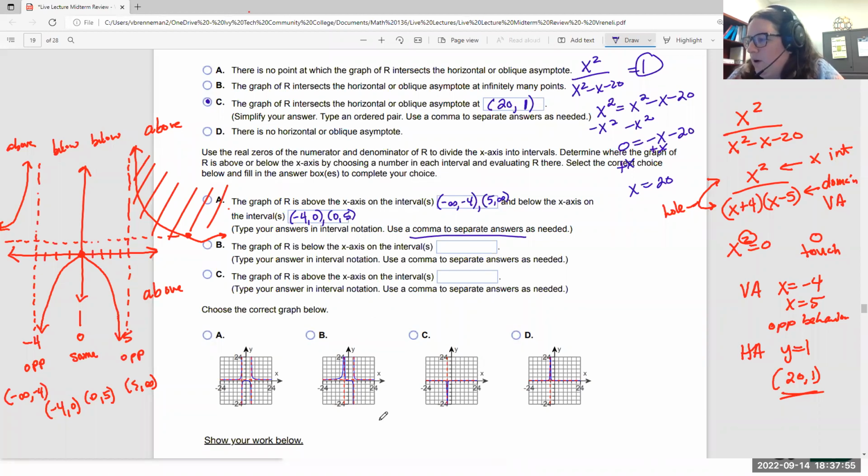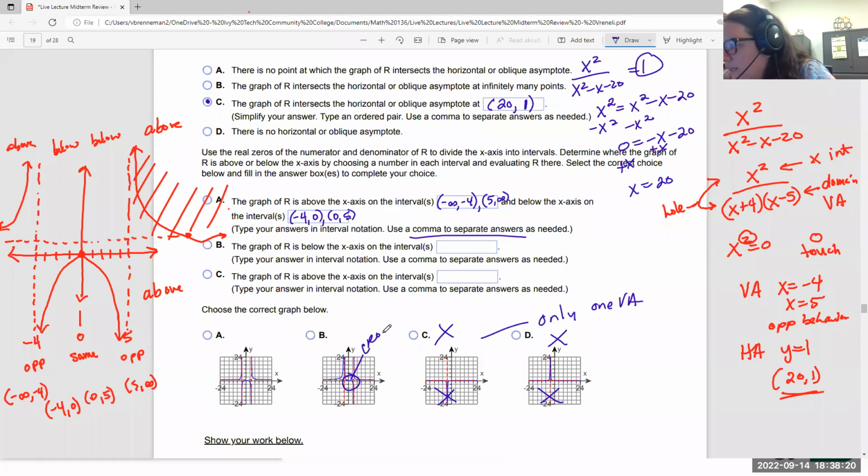And then I can pick the graph, and I've sketched what the graph should look like, and I can tell that D and C here only have one vertical asymptote, so they're no good. And then looking between A and B, B has the graph crossing at the x-axis, at the x-intercept, and it needed to just touch.